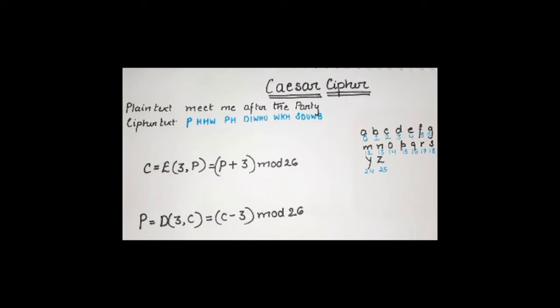All of us know about Julius Caesar. In the times of Julius Caesar, the communication held between two emperors, between two kings, was in the form of Caesar cipher technique.